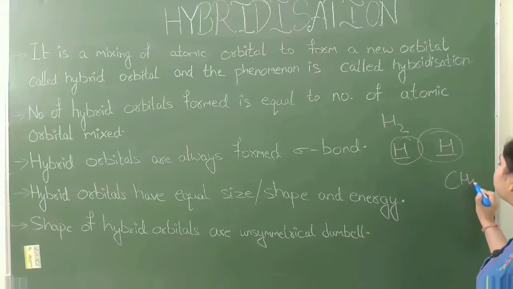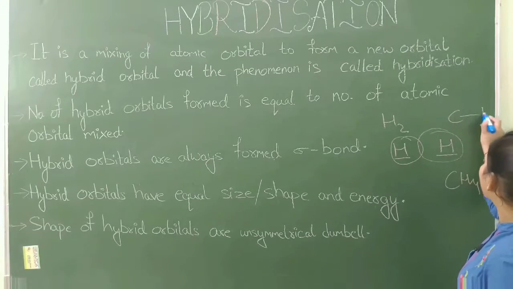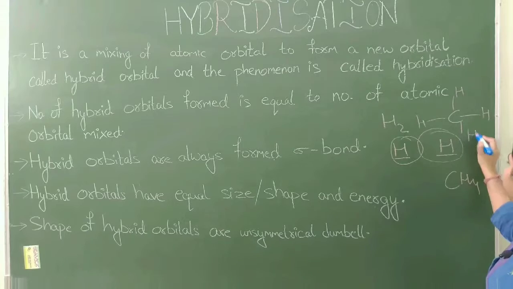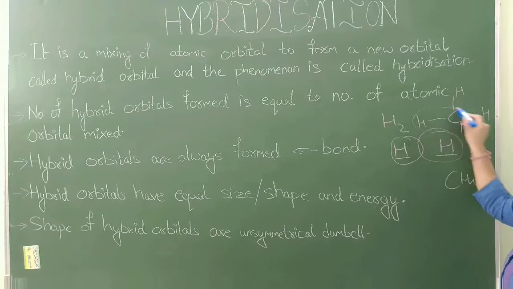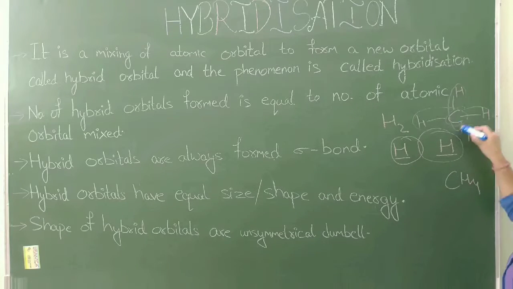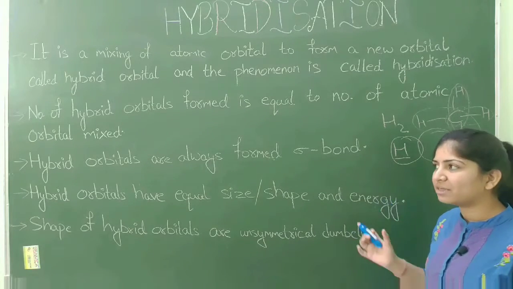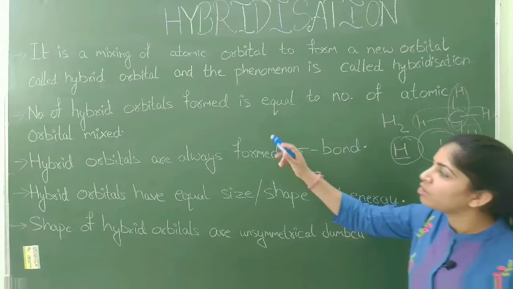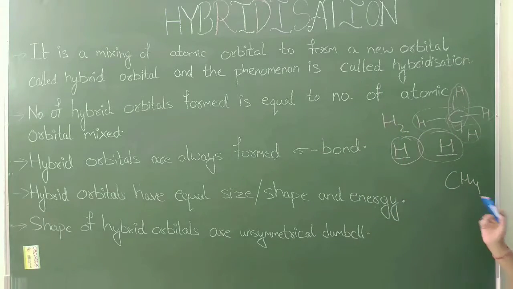Similarly in CH4, how many hybrid orbitals are present? 1, 2, 3 and 4. So 4 hybrid orbitals, that is 1 CH, 2 CH, 3 CH and 4 CH. It means one atom will combine with another atom, then they form a hybrid orbital.